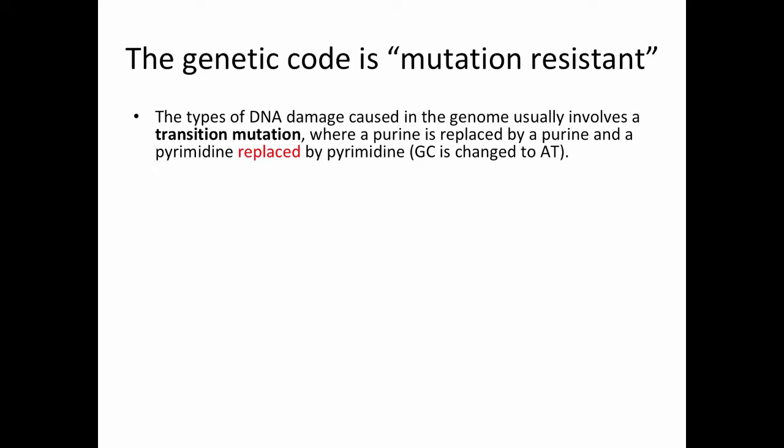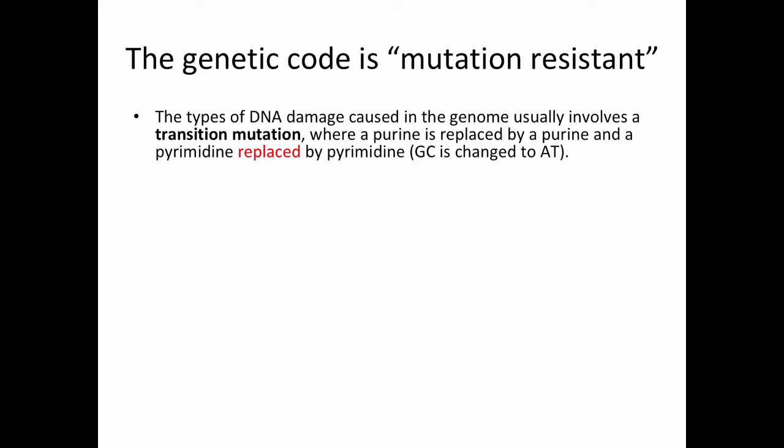So if you have an adenine, it'll usually be changed to a guanine. If something happened to a thymine, it would usually be changed to a cytosine. So a purine would be replaced by a purine, and a pyrimidine is replaced by a pyrimidine.